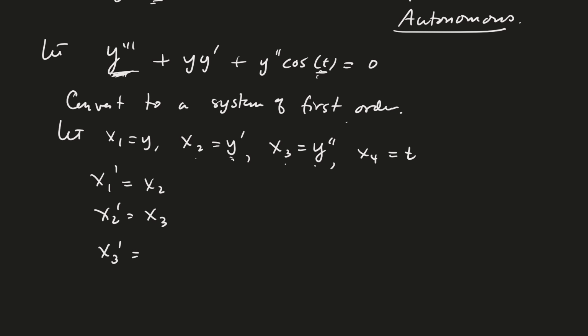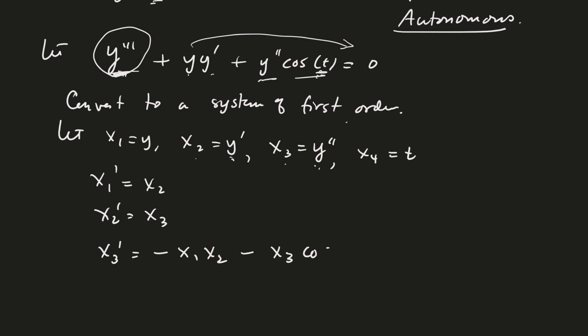x3 prime is y triple prime, right, which is here. And so move these over to the other side. And so this is going to be minus x1 times x2, and then minus x3 times cosine of x4. Good.